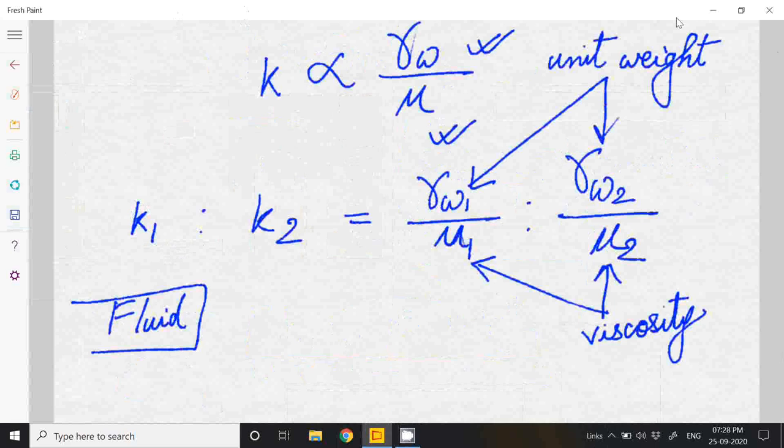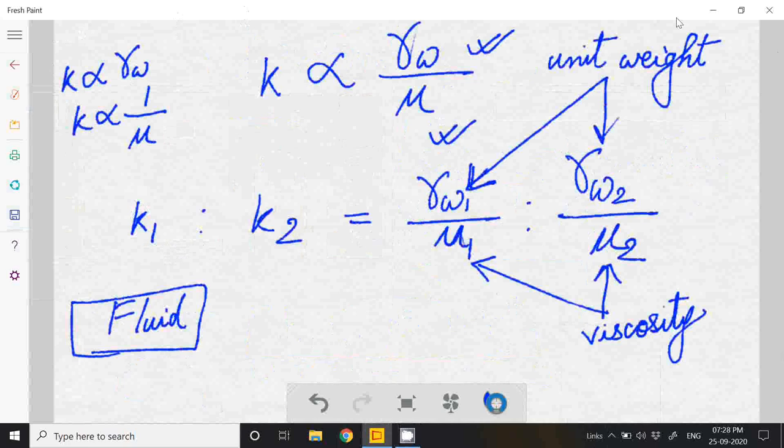It is not necessary that it is water. Any fluid, irrespective of water, if it passes through the soil, then that unit weight of fluid can be considered in this case. So K is proportional to the unit weight, and K is inversely proportional to the viscosity.